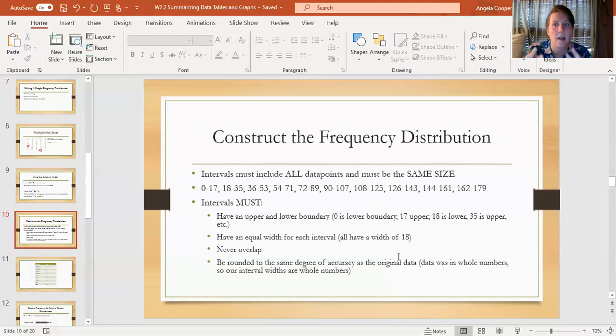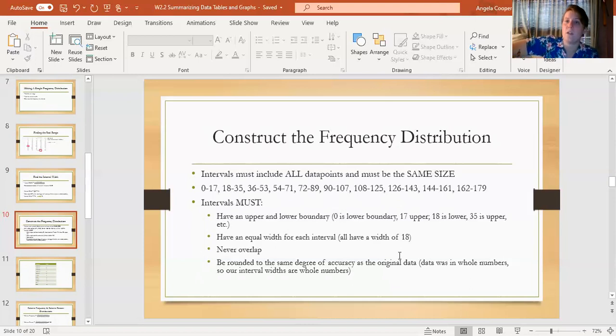You have to have the same interval length for all of your intervals. You can't have 17 to 22 and then 23 to 50 and then 50 to 52. It just makes no sense. You want to keep them all the same exact size.